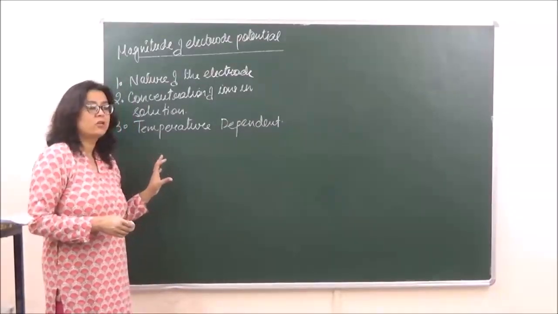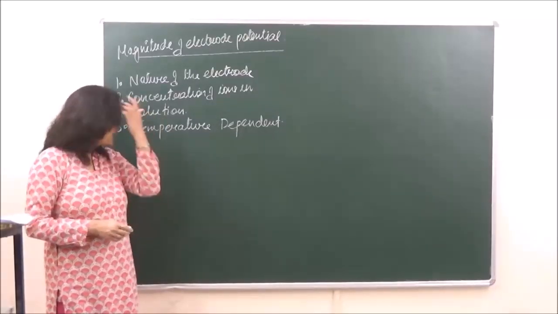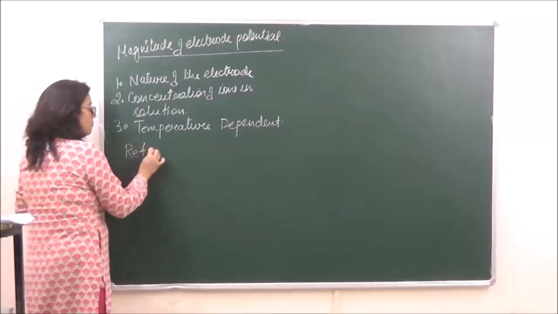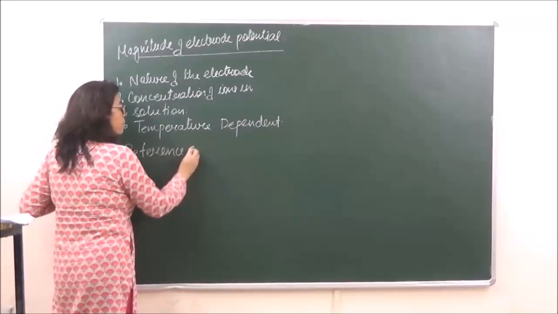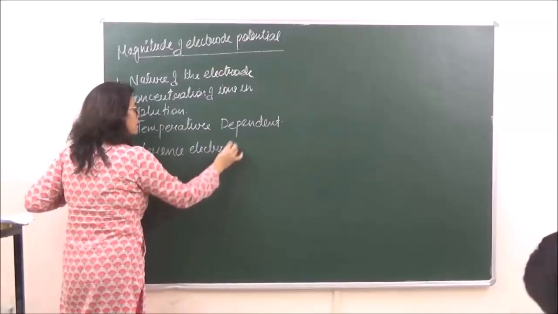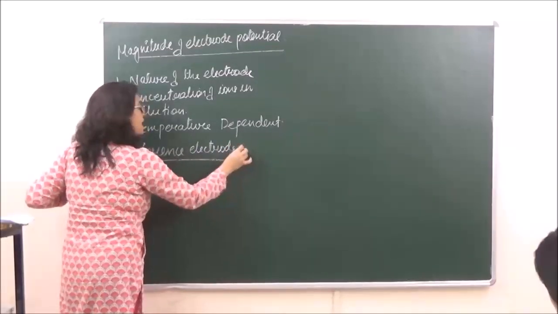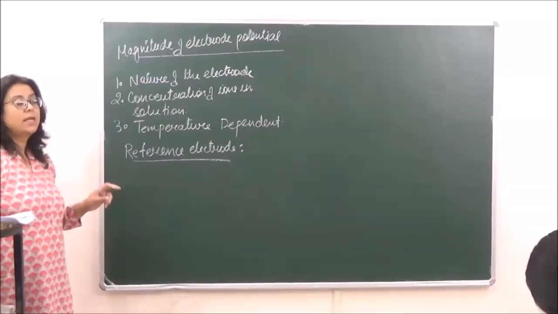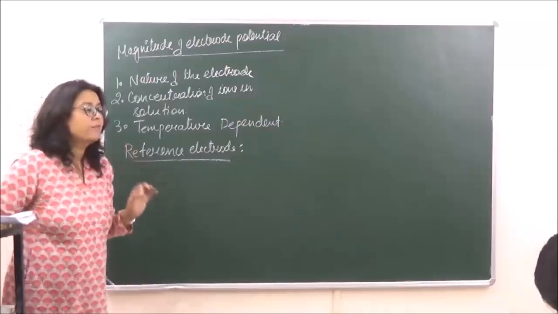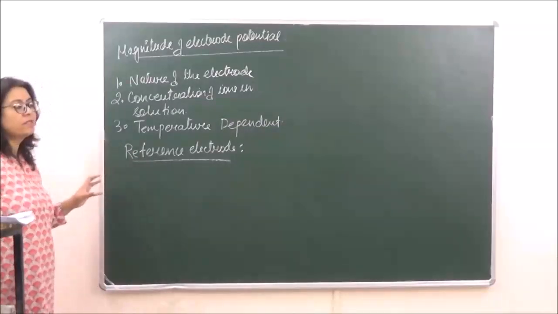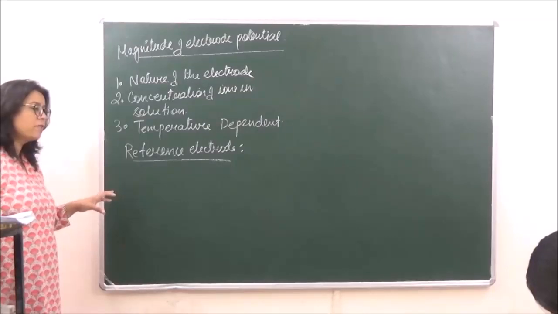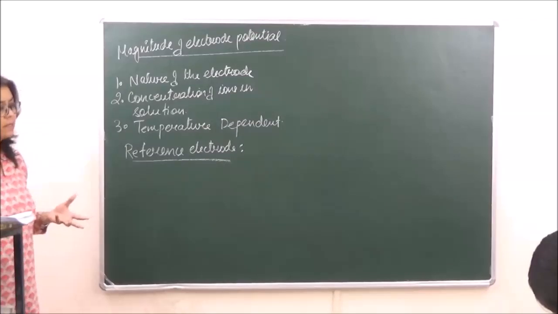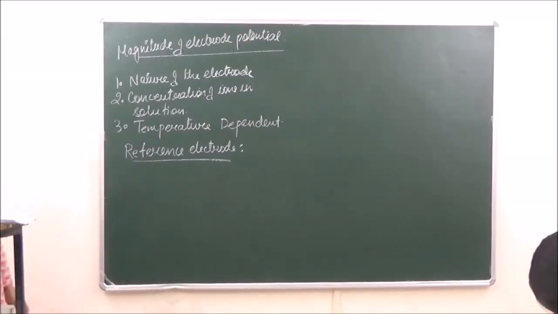For that we require another electrode, which is known as the reference electrode. Any electrode whose electrode potential can be taken as a constant value, that is what a reference electrode is. With respect to this reference electrode, we can calculate the electrode potentials of many metals.